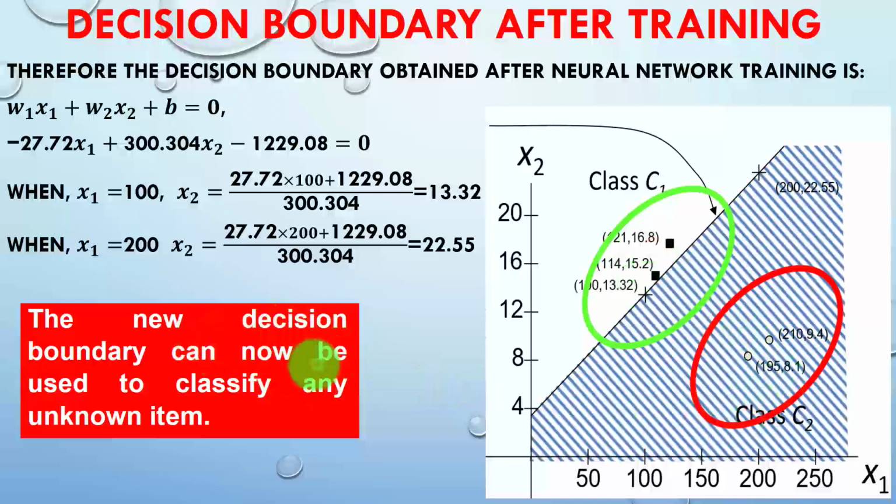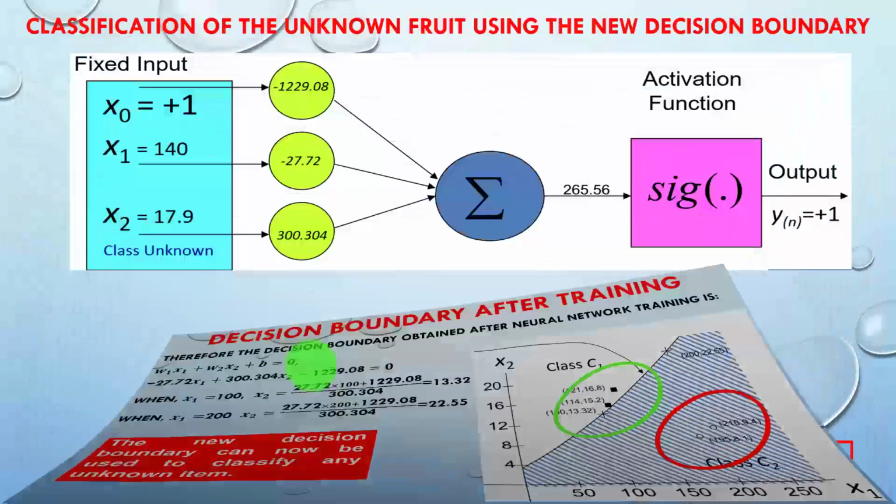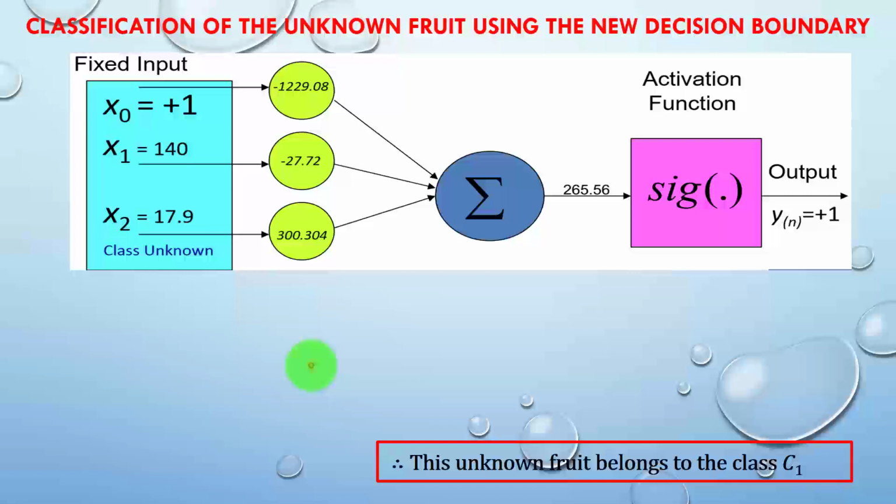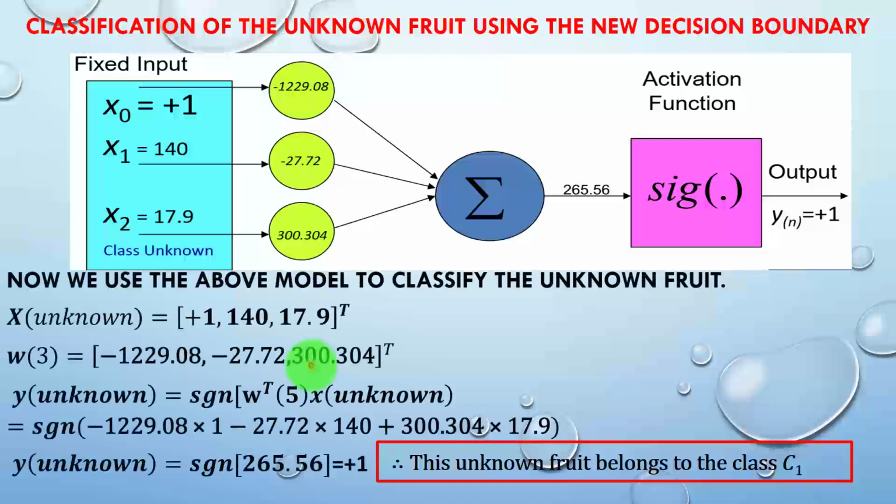So the new decision boundary can now be used to classify any unknown item. Let's use it to classify the given item, which is unknown for us. We'll use the same calculations. This is the unknown fruit, 140 and 17.9. These are the values, and we'll use the weights that we obtained.